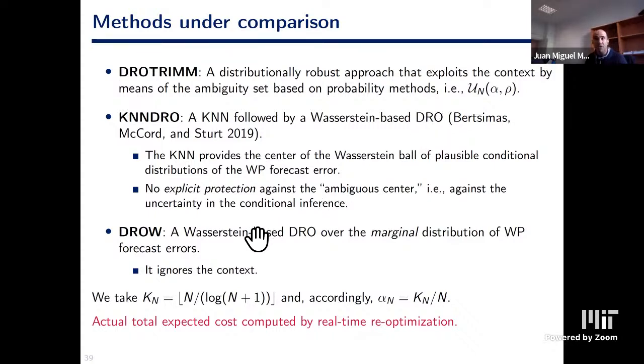Recall that this method does not offer explicit protection against the ambiguous center of the Wasserstein ball. Okay, and finally, we also have method DROW, which is a standard Wasserstein-based DRO that fully ignores the context. That is, this approach works with the marginal distribution of the wind power forecast error.